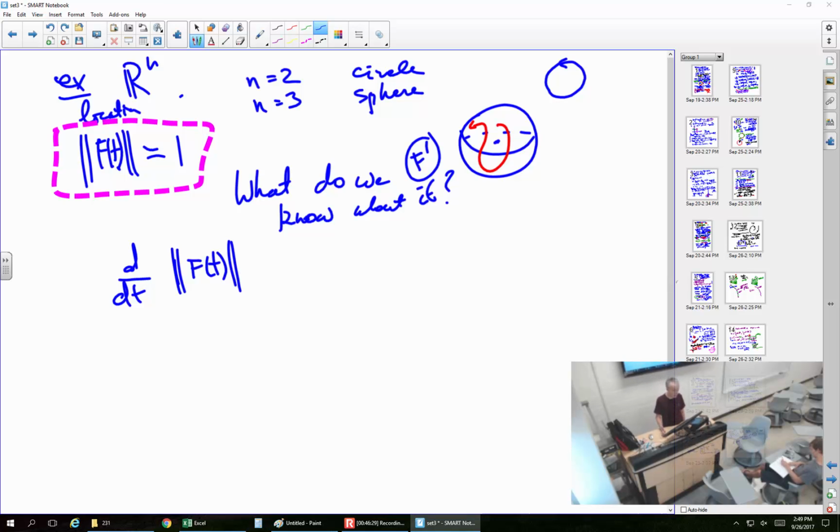Your location is f, and f prime is the velocity. What do we know about f prime? It seems like we don't know a lot looking at that picture. But let's look at the square of the magnitude. Well, I'm running out of time, so we'll do it next time.